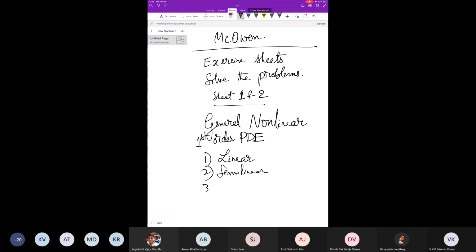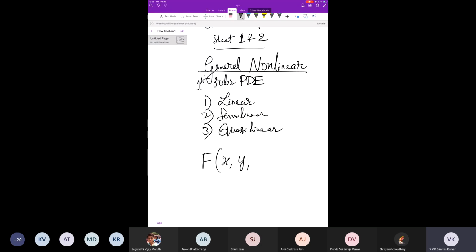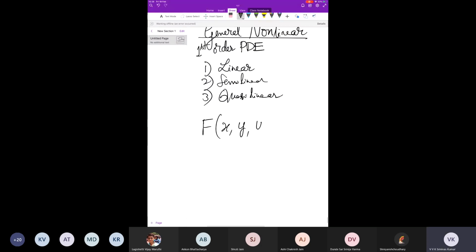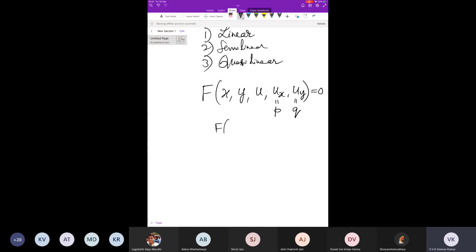So what is the general nonlinear equation of x, y, z? z is u, and u_x we call p, and u_y we call q. So f is a function of x, y, u, p, q equal to 0. So this type of equation.